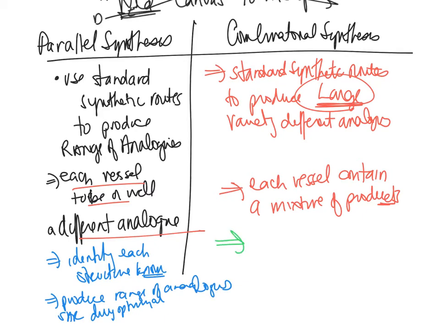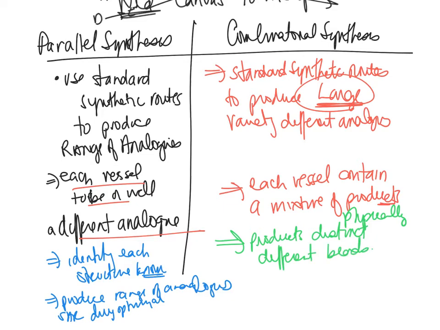For combinatorial chemistry, the products need to be physically distinct from each other, and a lot of times they'll be attached to different beads. The structures in each vessel are not known, so the identity in each is not known with certainty.